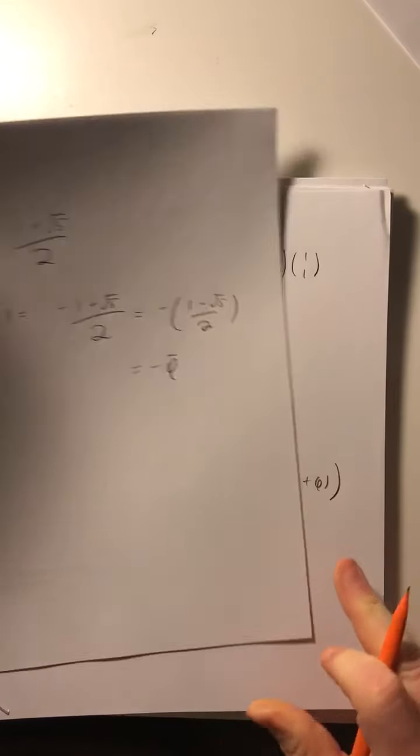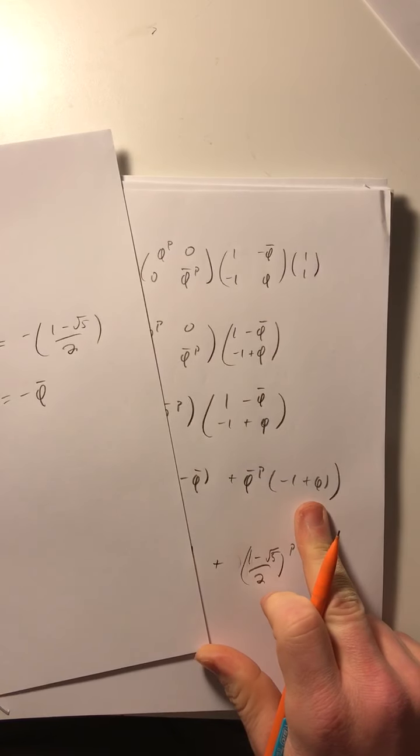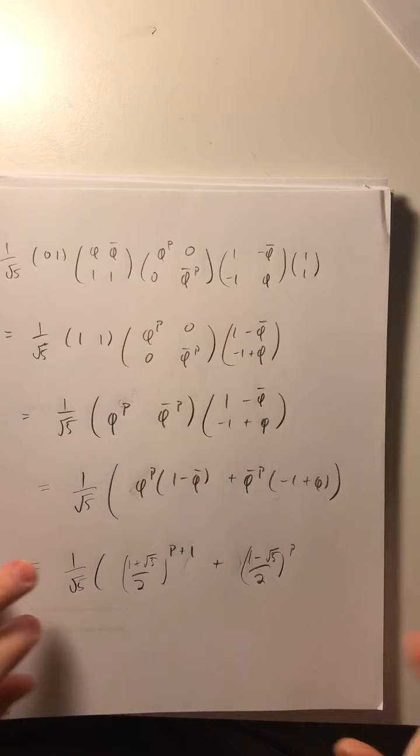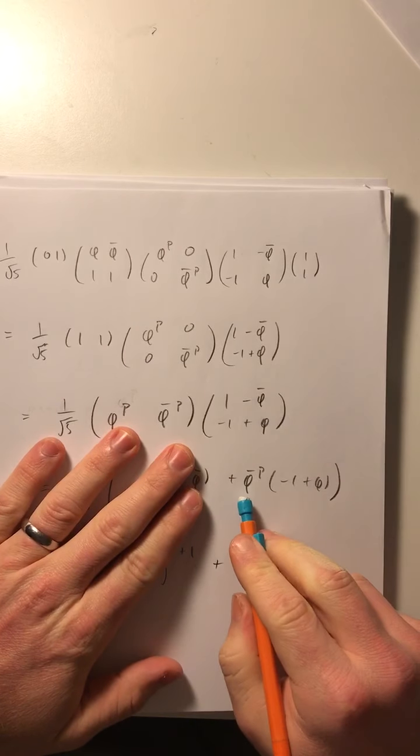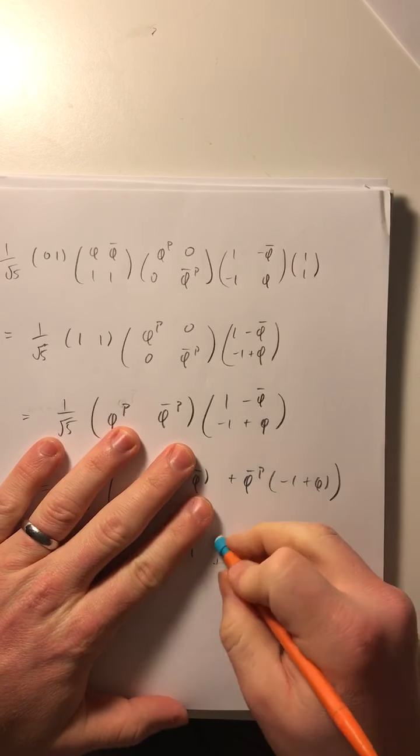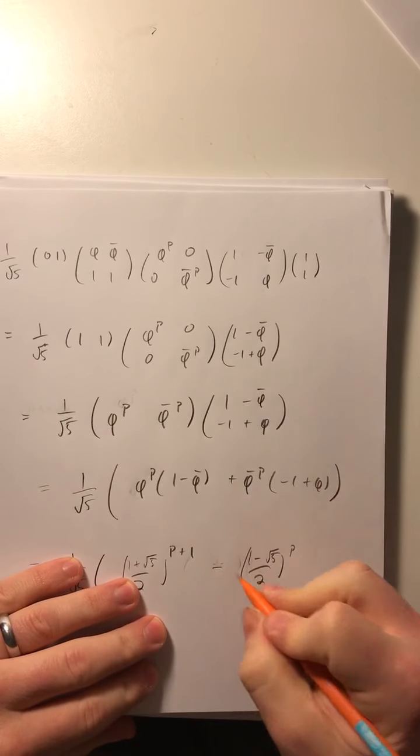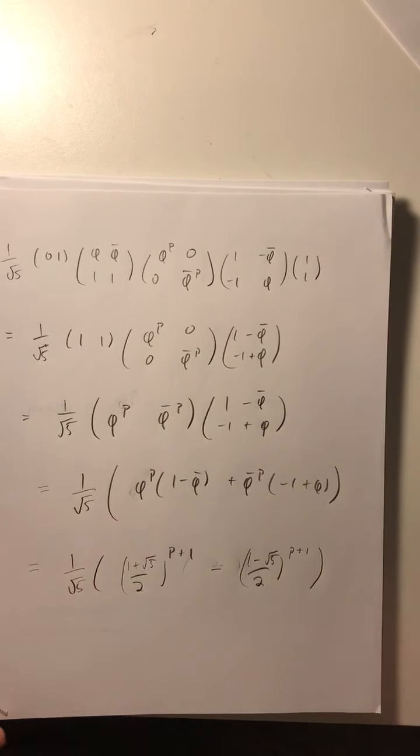Okay. So this phi minus 1 here becomes negative phi bar, so I get phi bar to the power P times negative phi bar, so I get minus and plus 1 here.